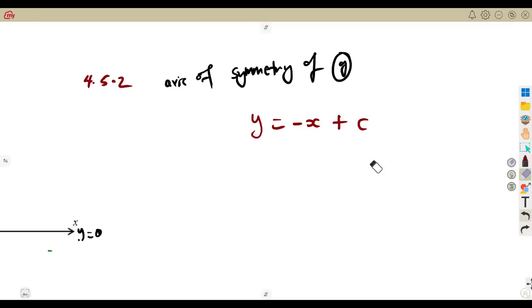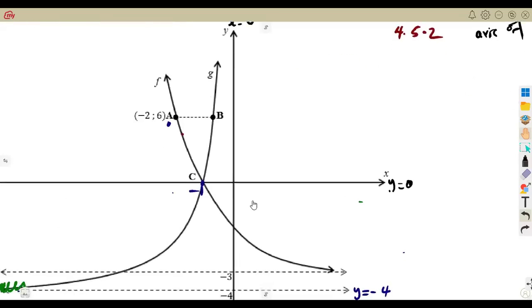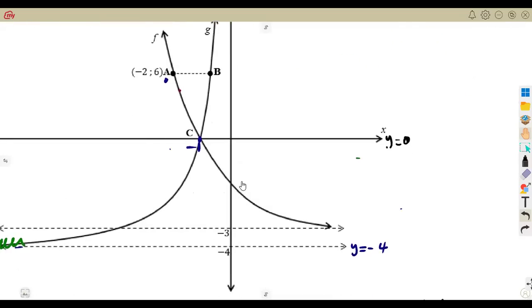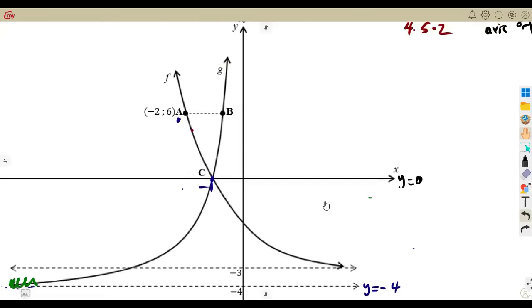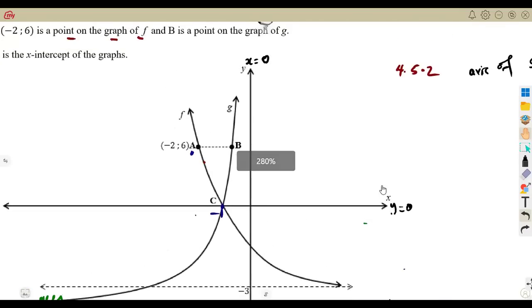Where the value of c now, for you to find this c, you need the point where we have what we refer to as those asymptotes now. Part of our asymptote for G. So remember G, what is it that is affecting our asymptote for G? G is this function.